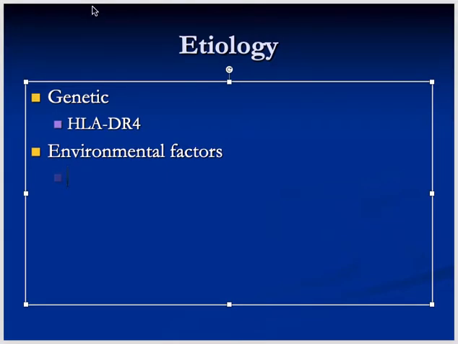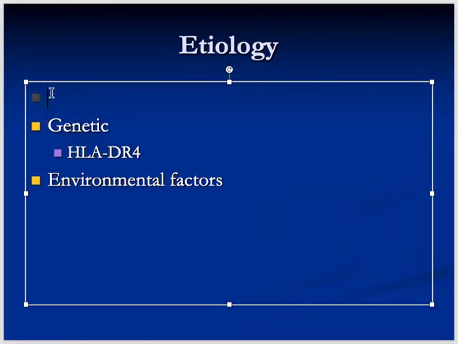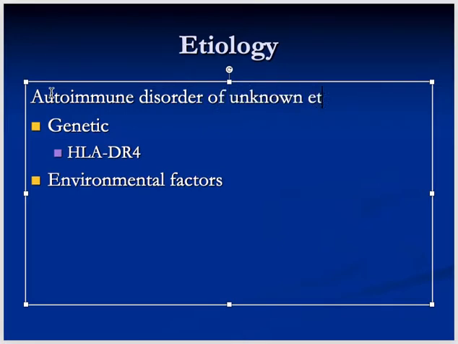It is an autoimmune disorder of unknown etiology. So above this, the first major point will be what? Autoimmune disorder of unknown etiology, because simply what we are talking about is the factors they found.